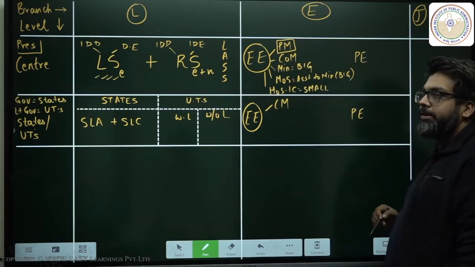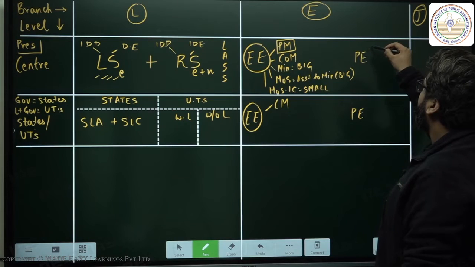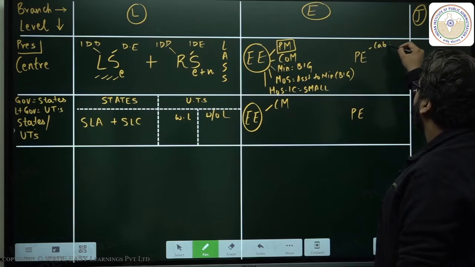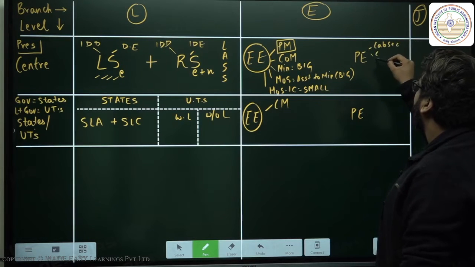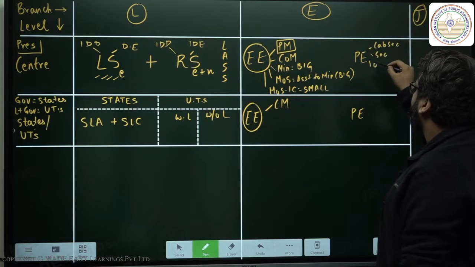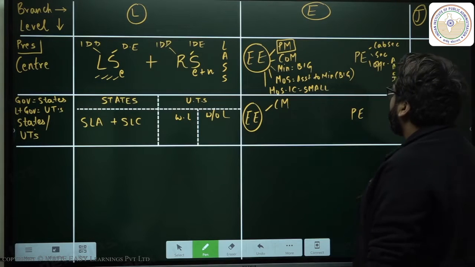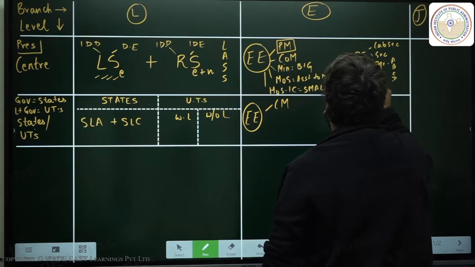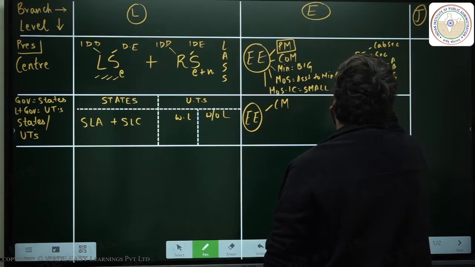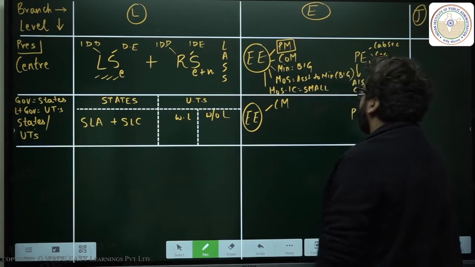If you compare the center with the states, you've got the Cabinet Secretary here, who's assisted by other secretaries, and then you have all other officers of Group A, Group B, Group C and Group D. The permanent executive here would comprise All India Services and Central Services.